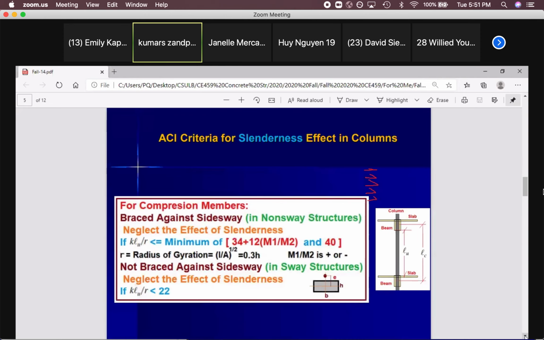Another thing that is important: do we always need to consider slender columns? There are some cases where there is no need for that.